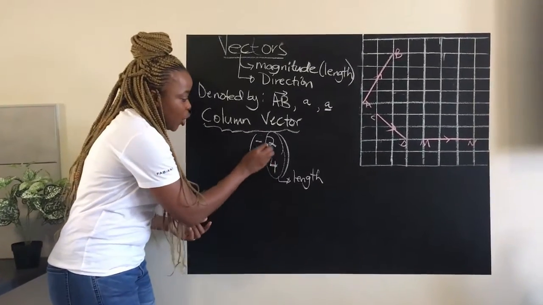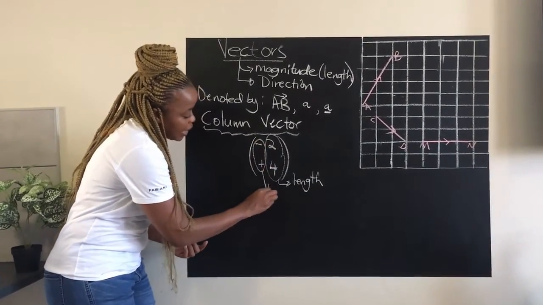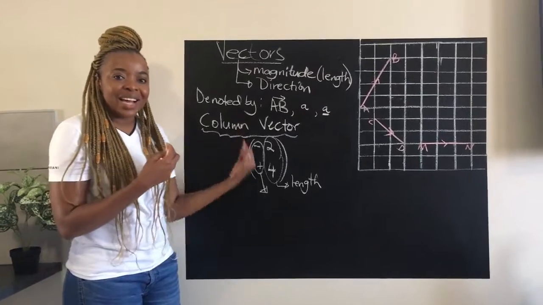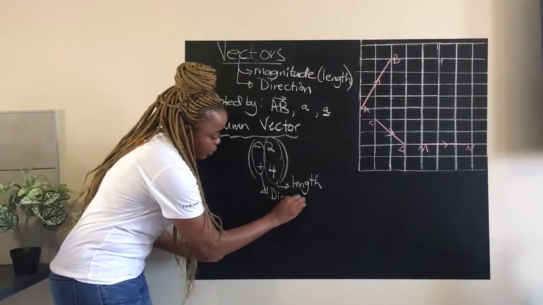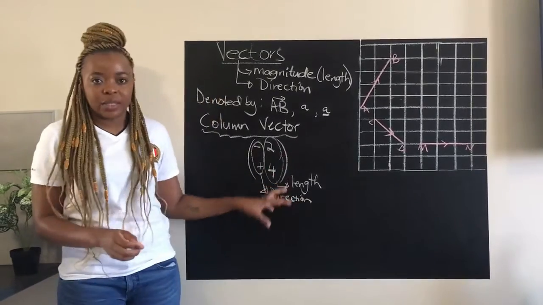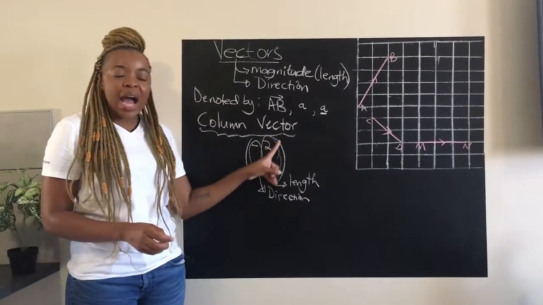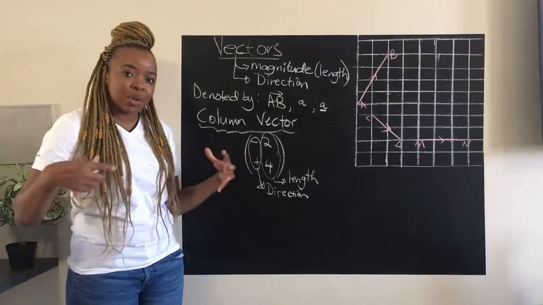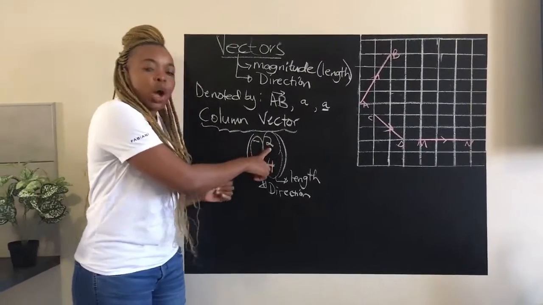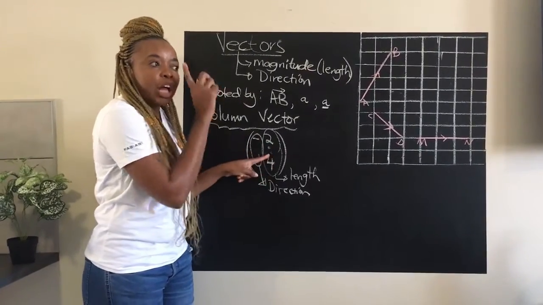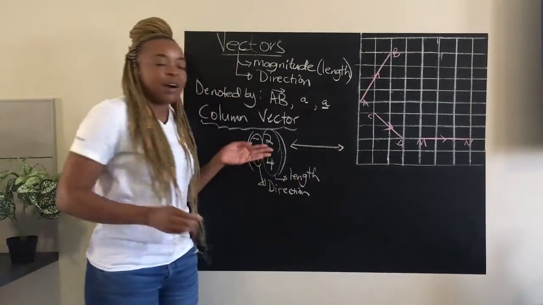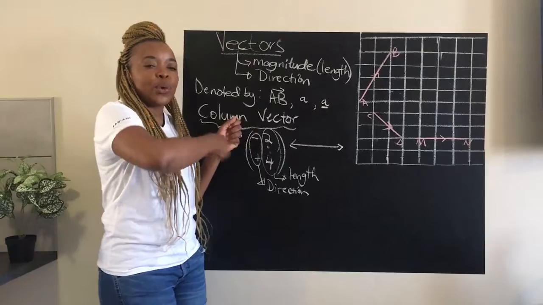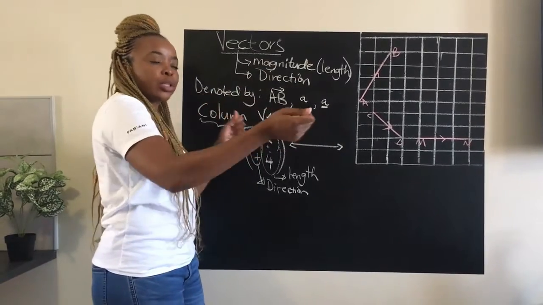So when we have this, these signs are showing you the direction of this vector. These numbers are showing you the length, the movement that was made. The top number tells you the horizontal movement, whether you went to the right or to the left.